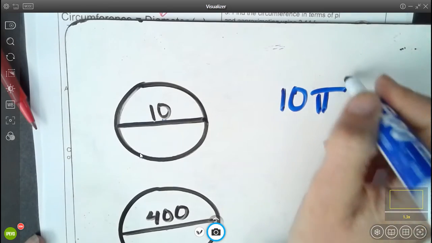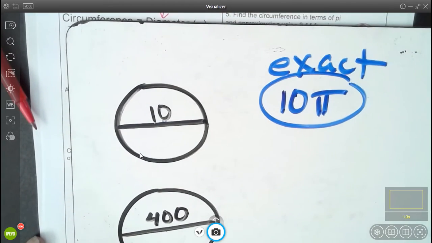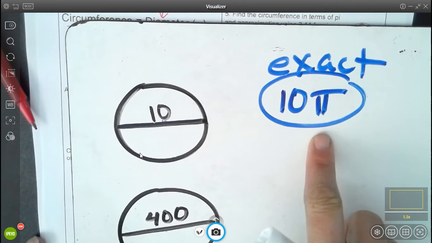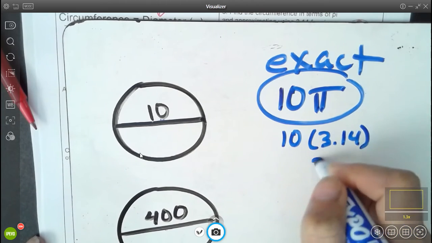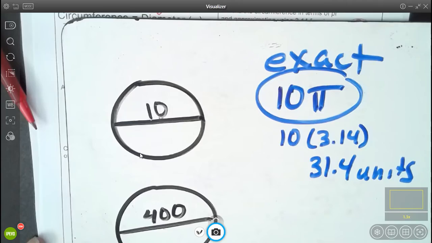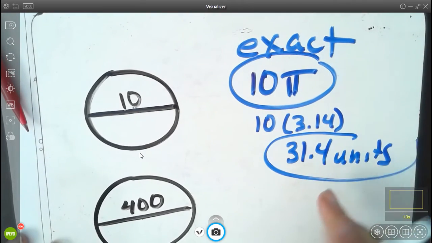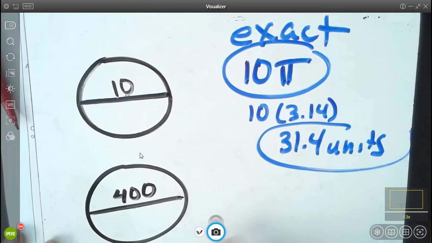That is what you would put if it wants exact. Diameter times pi. If they ask for an estimation, you would do 10 times 3.14, which is 31.4, whatever the units are. That's it. Here's the estimation.